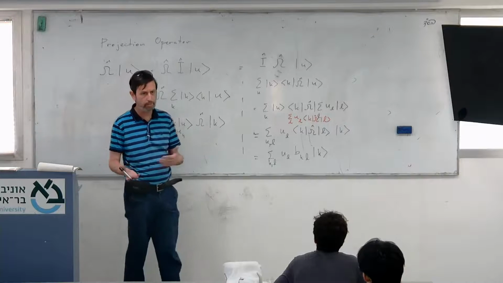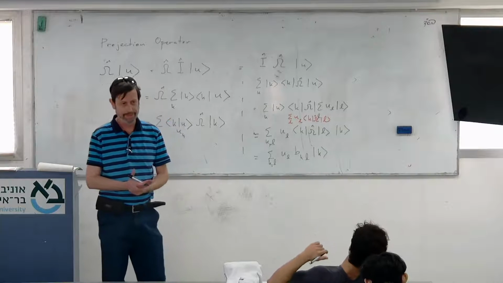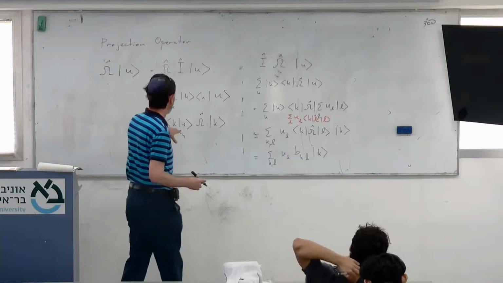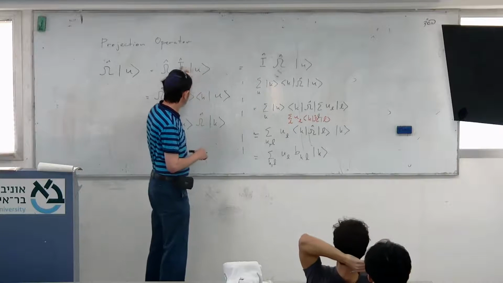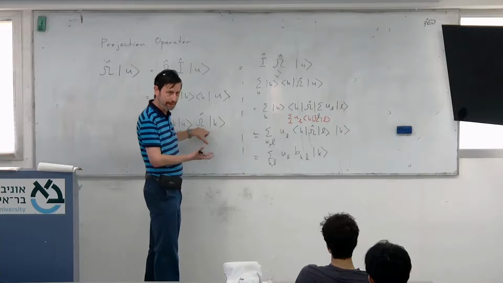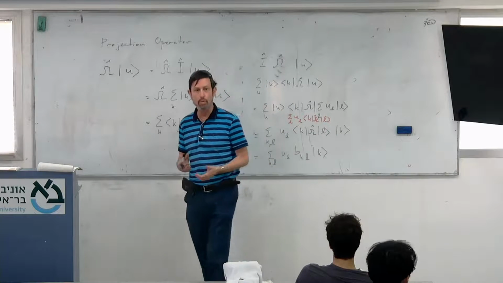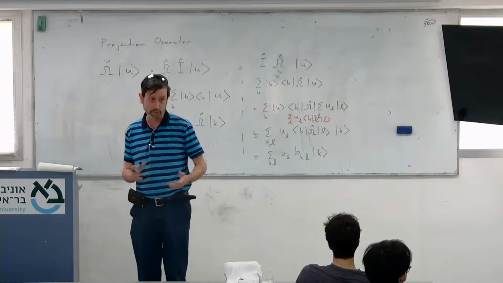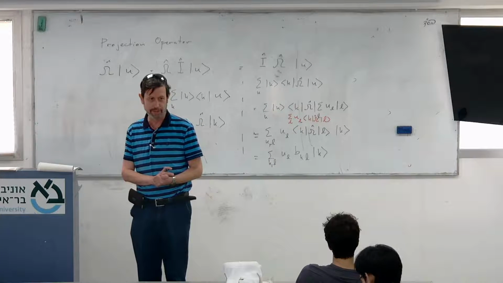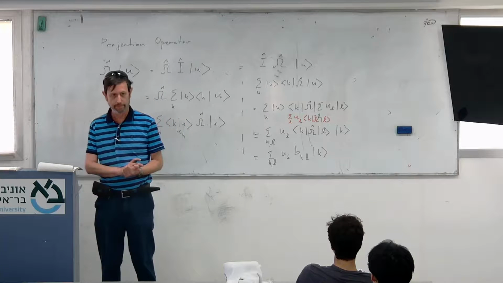A number times an operator is equal to an operator times a number. That's it. The only point is that if I don't exchange the u and omega, I get a trivial answer that I knew before. And when I change it, I get a new way to look at it.